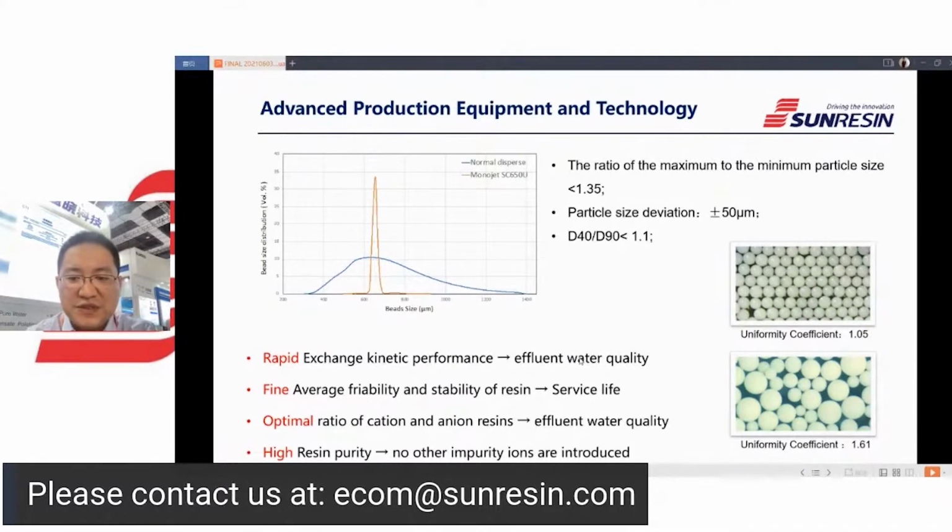In non-uniform particle size resin, the small particle resins can fill the gaps between the larger resins.